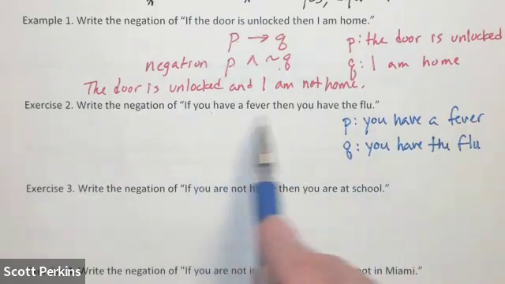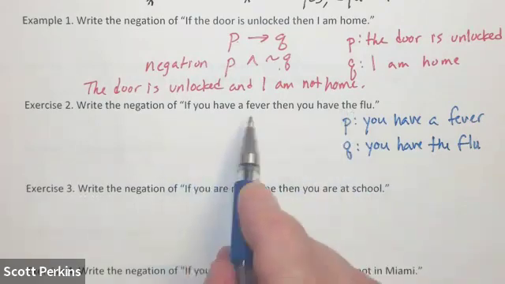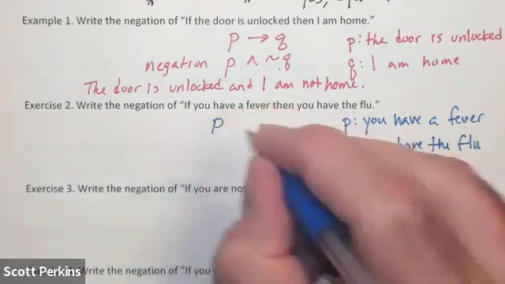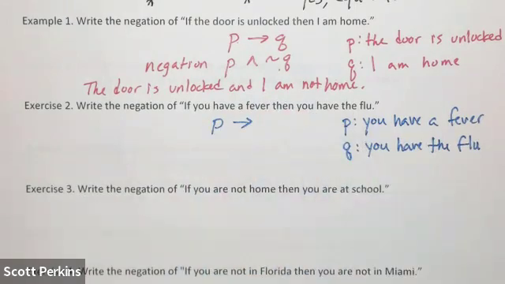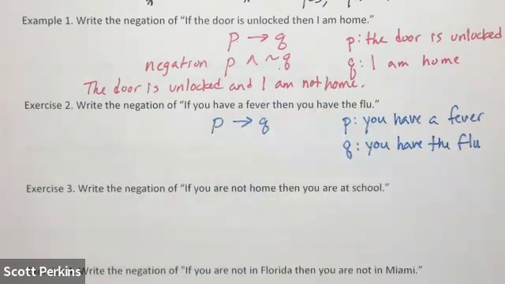So taking this conditional statement and translating it, if you have a fever, that is statement P, then you have the flu, that is statement Q. So this is pretty much identical to what we did right above, which is good. Now you did it, so hopefully you remember it better.